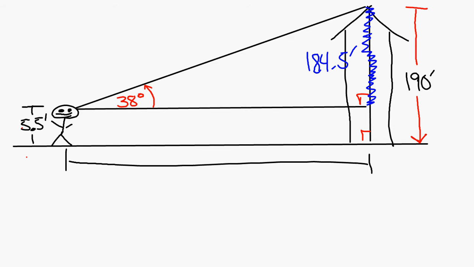So you're looking for this, the distance she is from the castle. So it's an opposite over adjacent problem. Okay? Tangent. Your tangent of 38 equals the opposite side, 184.5, over the adjacent side, which is what you're trying to find.